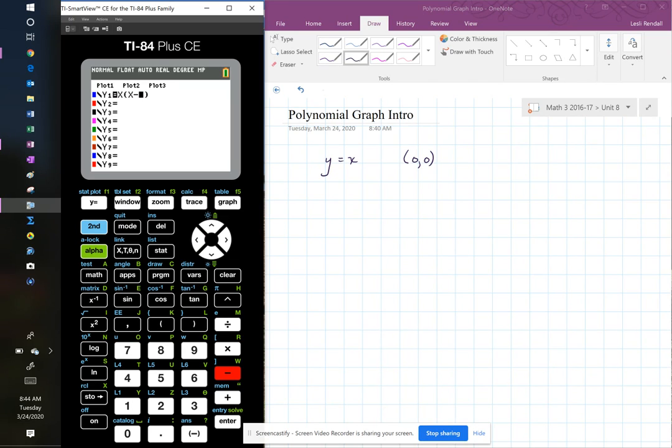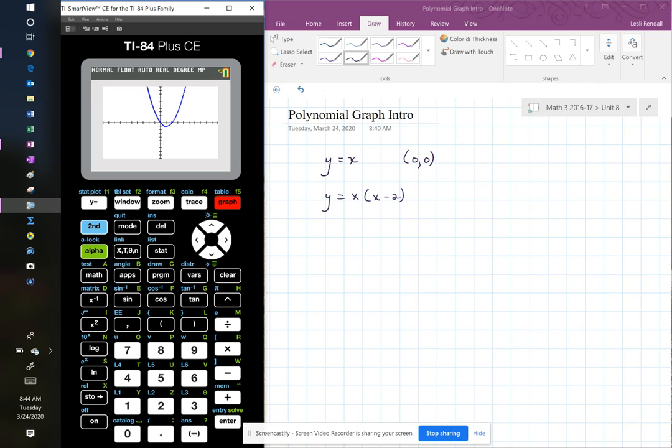And when we add this other factor, it should look familiar that we should end up with a quadratic. And we can see here that we have an x-intercept at 0 and an x-intercept at 2.